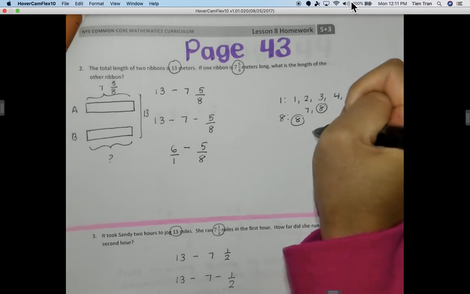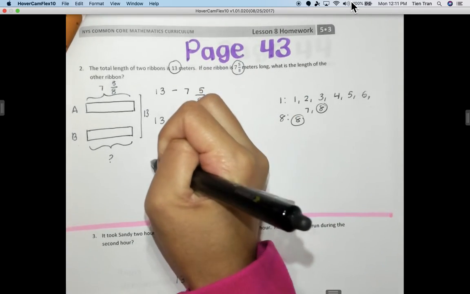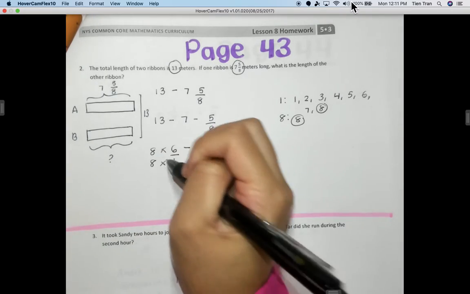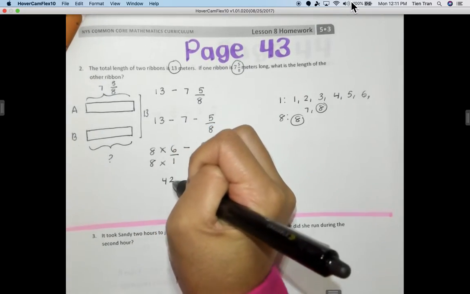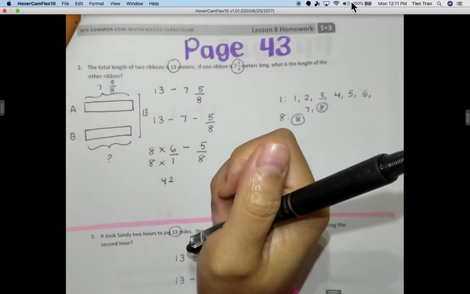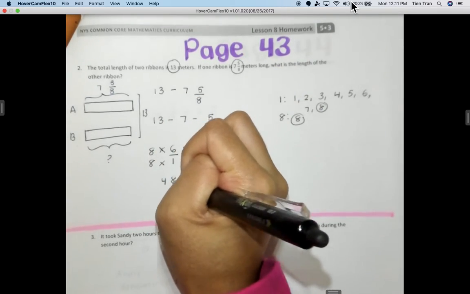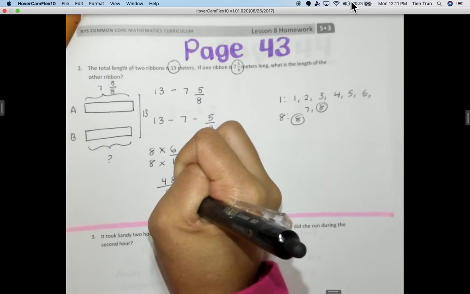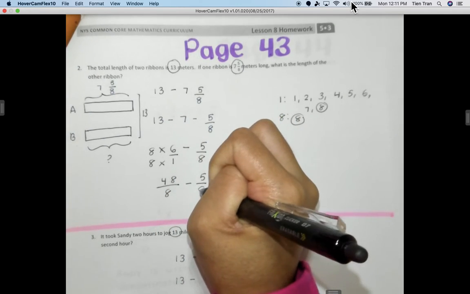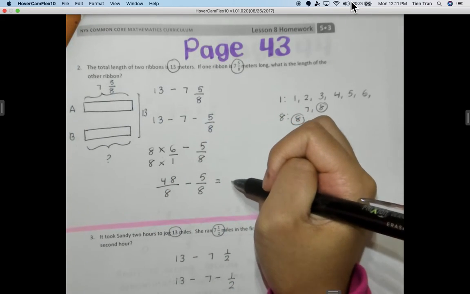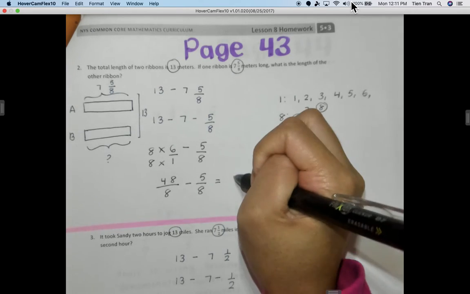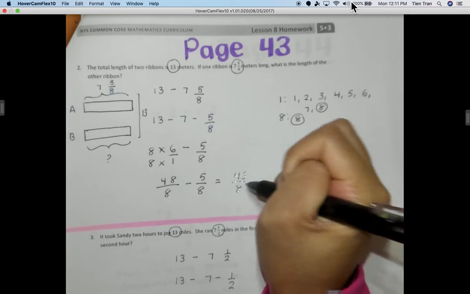And for 8, I have 8. So that means I'm multiplying my denominator by 8. 8 times 6 is equal to 48. And 8 times 1 is 8. And then I'm subtracting 5/8. 48 minus 5 is going to give me 43. I have 43/8.